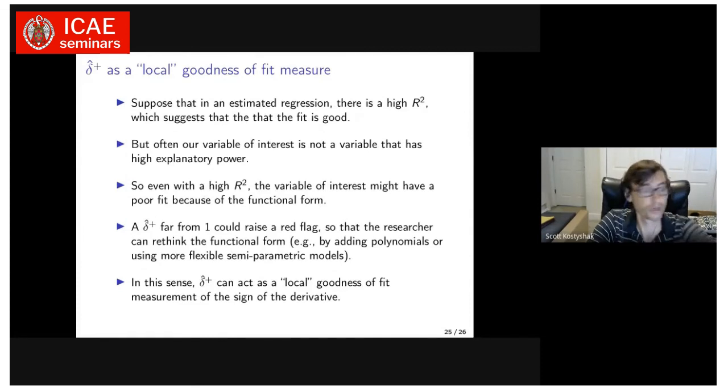We already talked about the R squared. And so the delta plus, the PMP, can be viewed as kind of focusing on the fit of the actual variable of interest, even if it doesn't have a high explanatory power. But we should do a numerical example with this that should show this point.